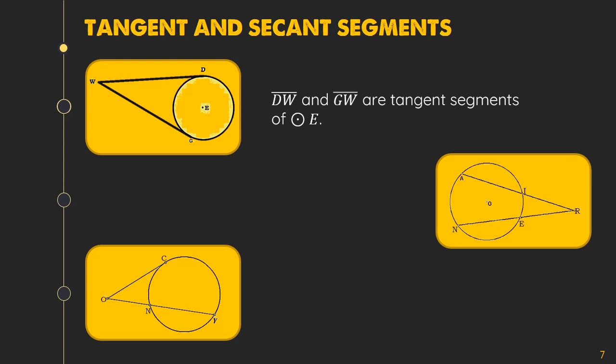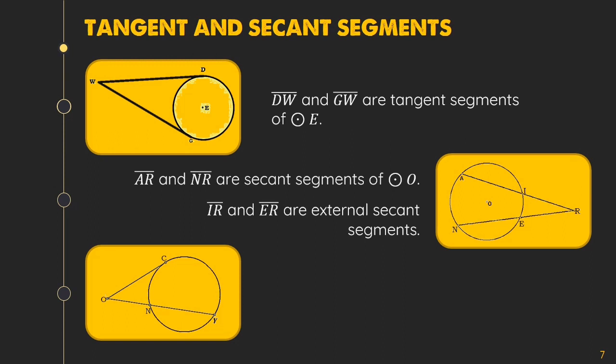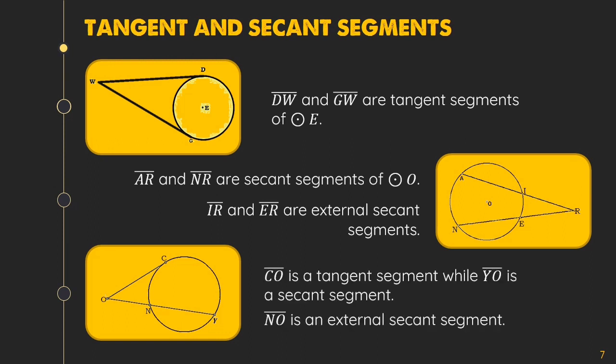On the second figure, segment AR and segment NR are secant segments of circle O, wherein segment IR and segment ER are external secant segments. On the last figure, segment CO is a tangent segment while segment YO is a secant segment. Segment NO there is an external secant segment.